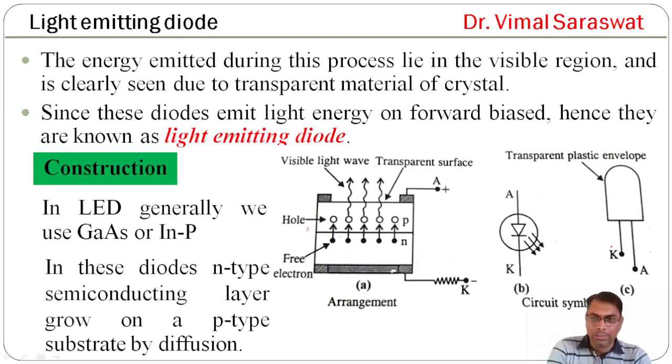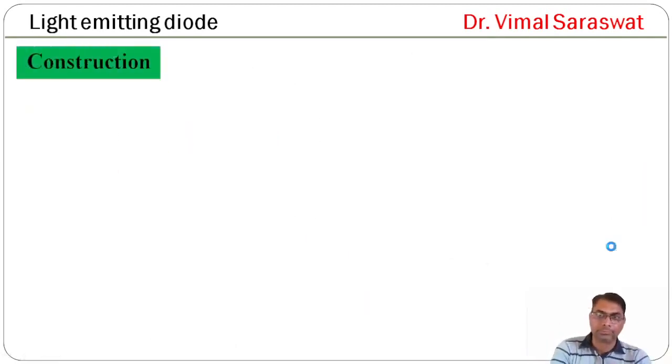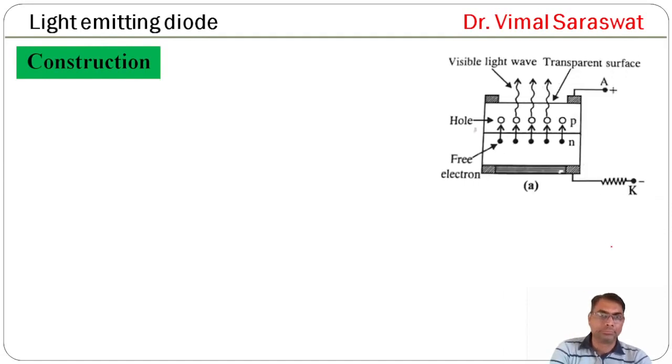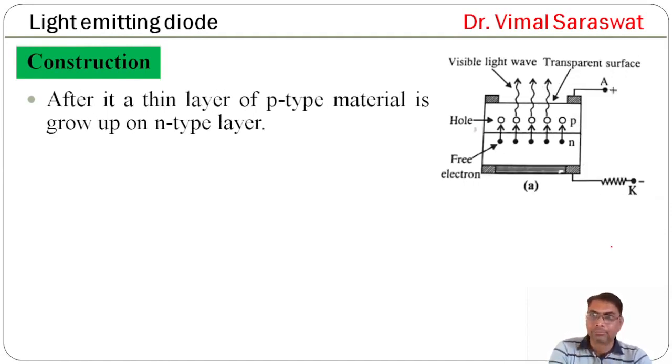In these diodes, an N-type semiconducting layer is grown on a P-type substrate by diffusion. Now, this is our arrangement. After it, a thin layer of P-type material is grown on the N-type layer.